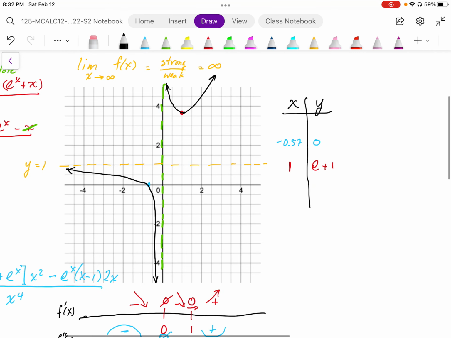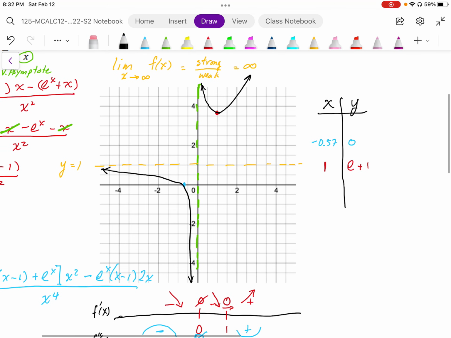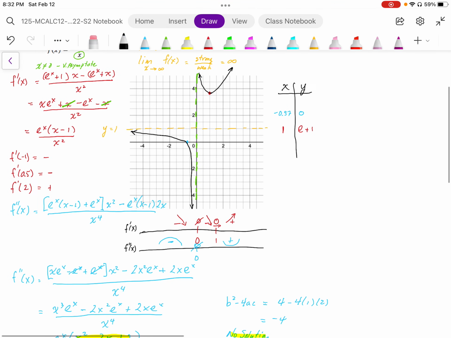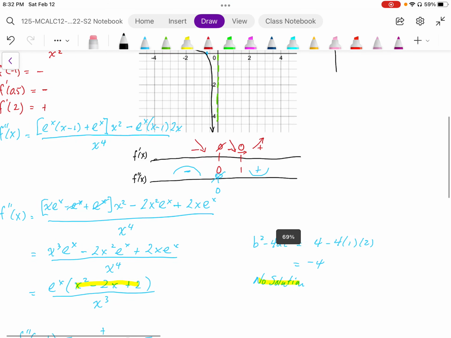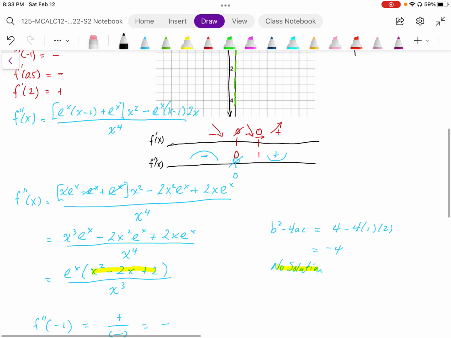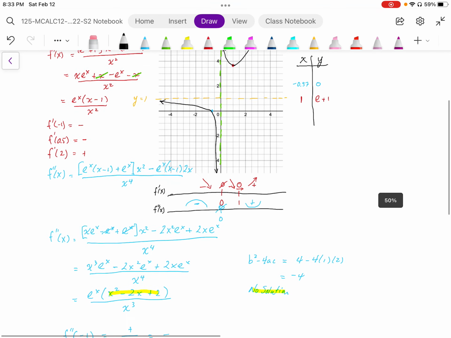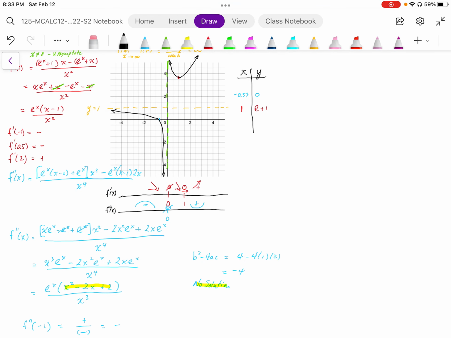Our turning point, we only had one turning point here, which is at x equals 1. The second derivative didn't really tell us anything. In fact, this question never really asked for the second derivative, but we can use the second derivative to find changes in concavity. And although we do have a change in concavity, that really wasn't necessary information to draw this graph, because we already can see that there's a change in concavity just based on the slope chart.